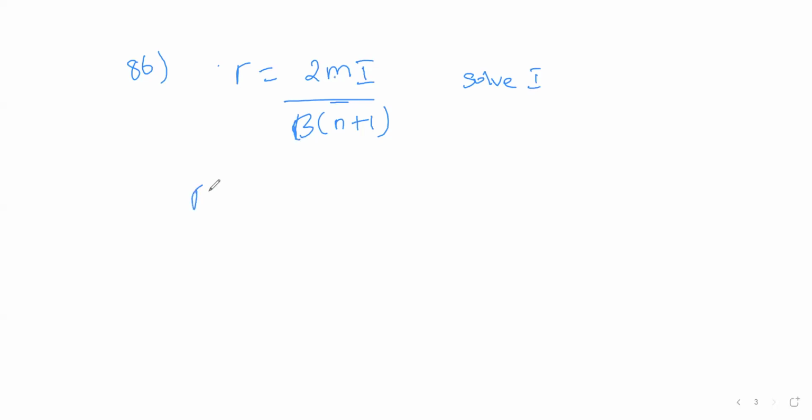We can do that by multiplying both sides by b n plus 1. R equals 2mi over b n plus 1, times b n plus 1.